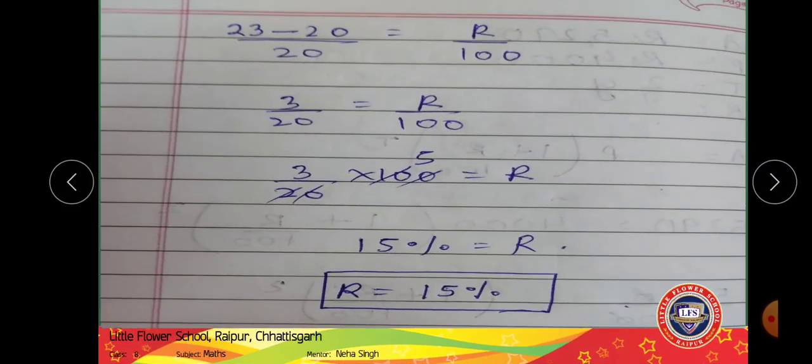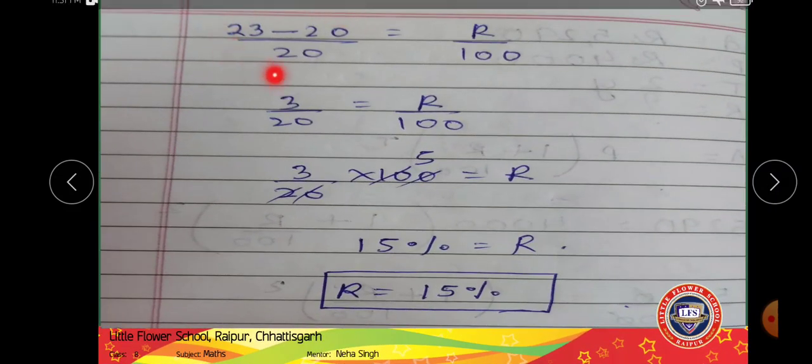So this square and this square will get cancelled since both the sides it is square. So we are left with 23 upon 20 equals 1 plus r upon 100. 23 by 20 minus 1 equals r upon 100. Why minus 1? Here it is plus, so it will go that side and it will become minus.